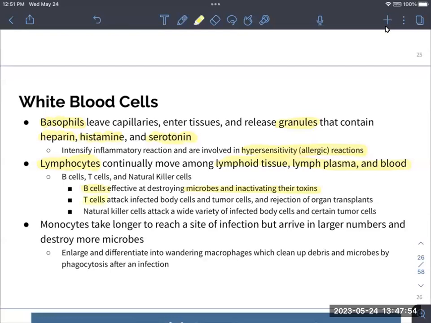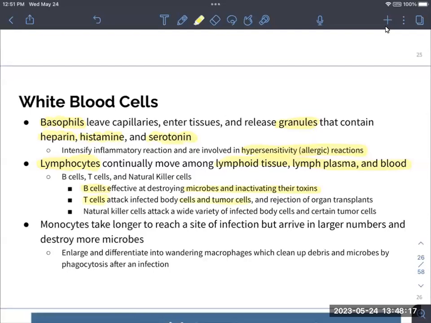T cells can attack cells that have been infected by different pathogens, but they can also attack tumor cells. These are the cells for when somebody has an organ transplant.